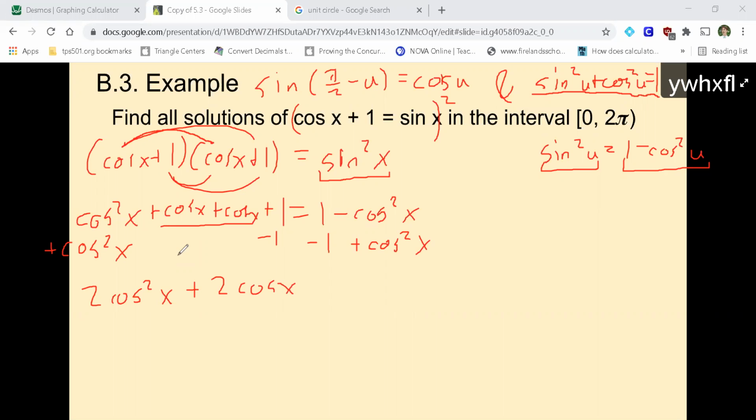And then nice for us, 1 minus 1 is 0. Because this is just a binomial, it only has two terms, I can solve it by factoring. Notice that each term has 2 cosine in it. So if I factor out 2 cosine, what I'll have left is cosine plus 1.